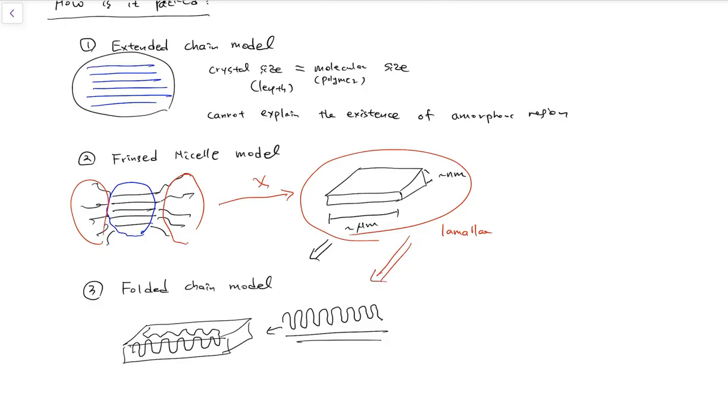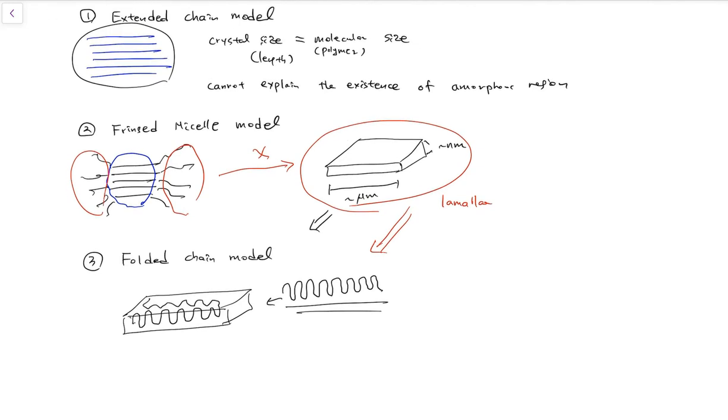But the problem also is that you cannot explain the existence of the amorphous region, right? So people came up with another model, which is the extended folded chain model, which is basically a collection of this kind of lamella structure.